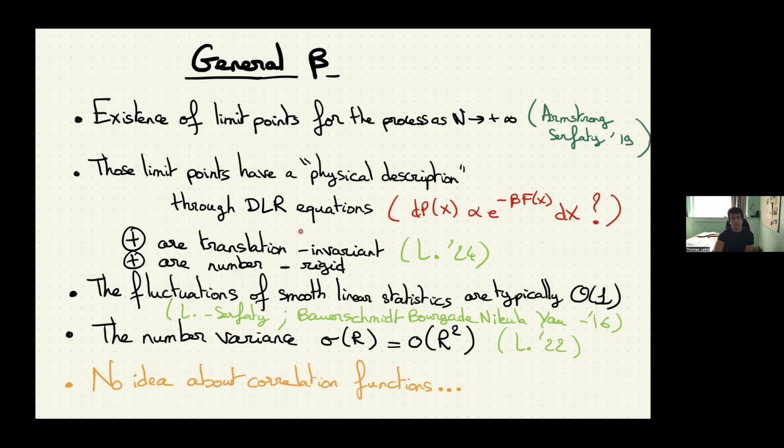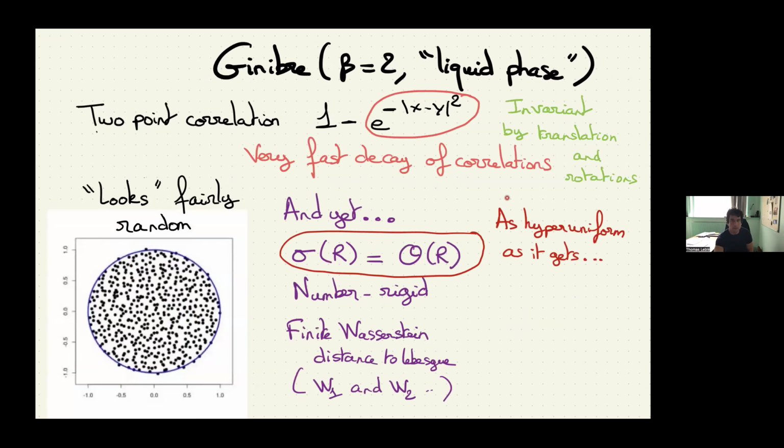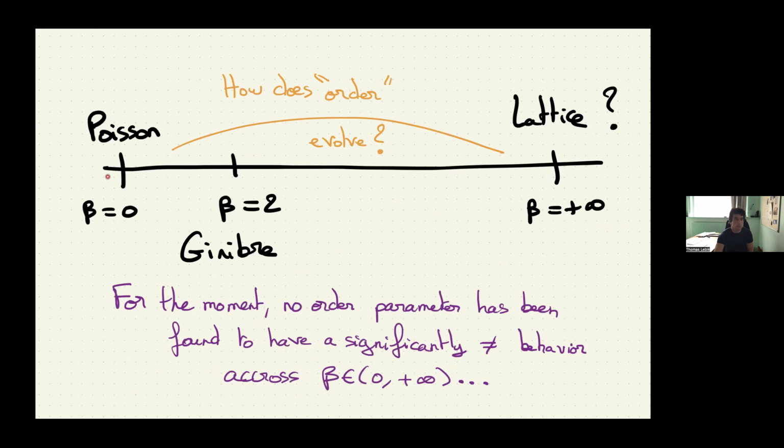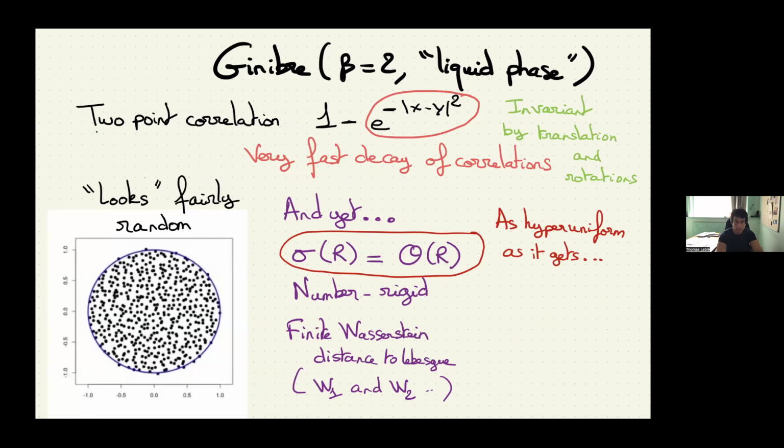The number rigidity is not something you would expect for beta very small, because when beta is very small, you're close to Poisson, and Poisson is not number rigid at all. Okay, but it remains true.